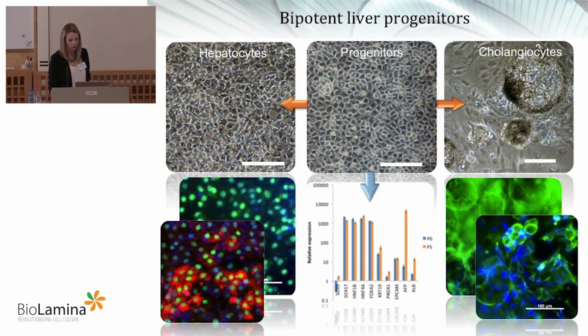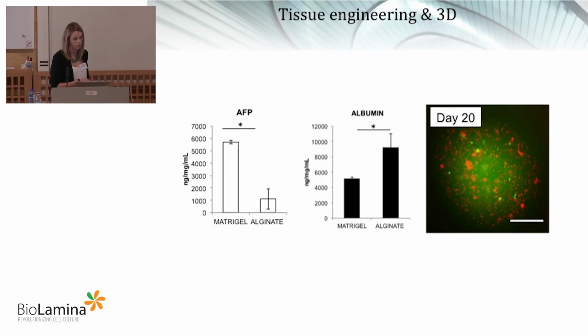So we then looked at different ways to overcome this, and one of them is to use a tissue engineering response, so to engineer the cells in 3D. So we took our hepatocytes at the progenitor stage, when they're more amenable to lift up and to be encapsulated. These cells at this stage can produce cholangiocytes and hepatocytes, and they can be replated over several passages without any significant change in gene expression.